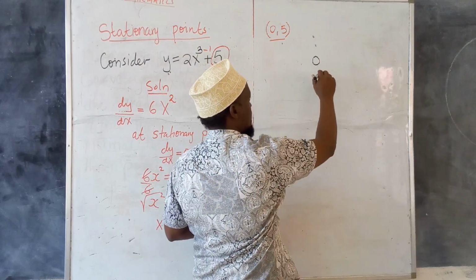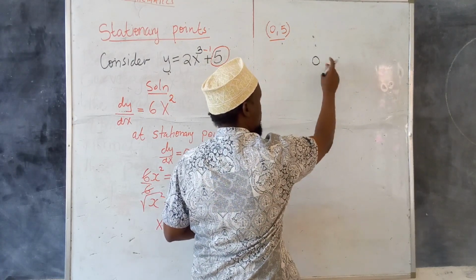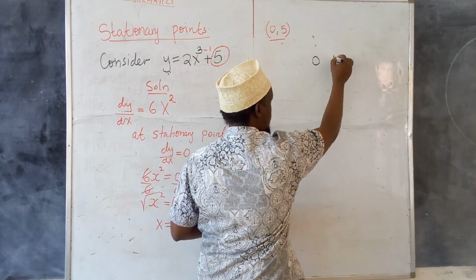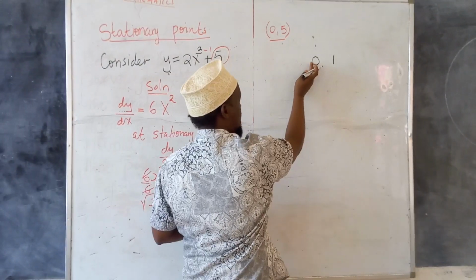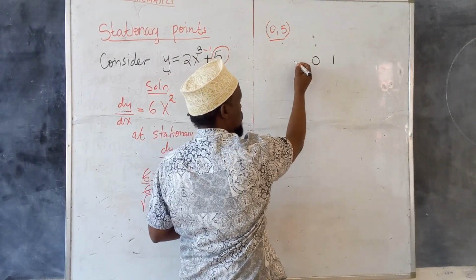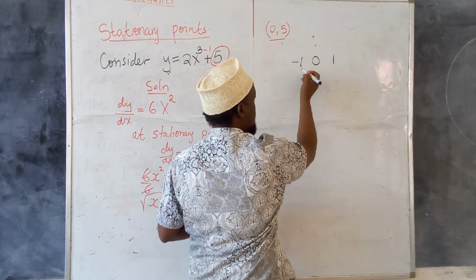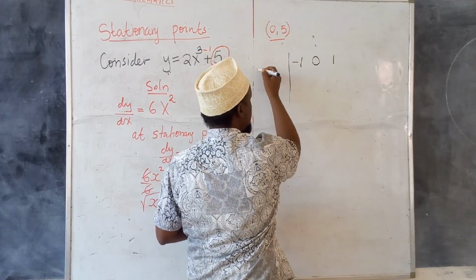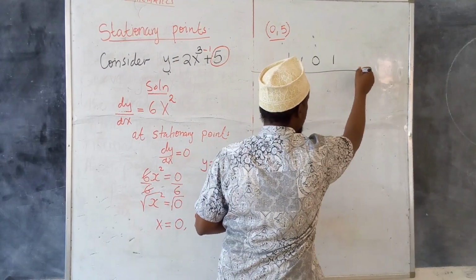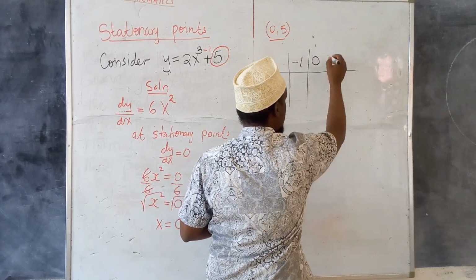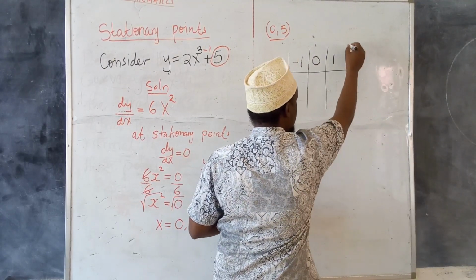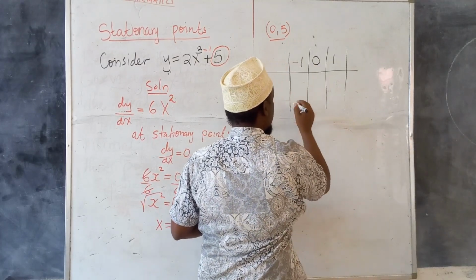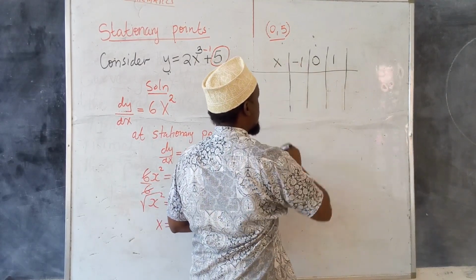Then we choose a number on the right hand side of 0, which in this case is 1. We also choose a number on the left hand side of 0, which will be negative 1. Those are now the values of x.